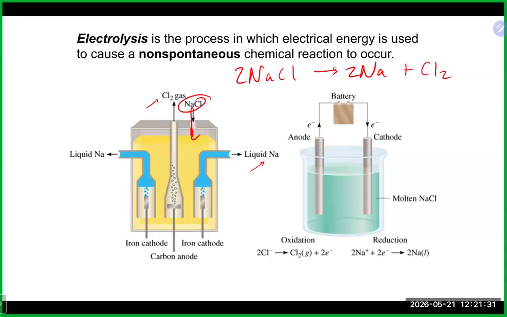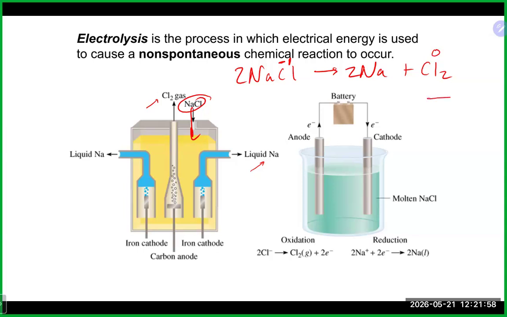Because of that, when we look at what is our anode and our cathode in an electrolysis cell, it is different than you probably would think. What's happening here in oxidation is it is actually the chlorine going through oxidation. The chlorine on the left-hand side, which is what we're starting with, has an oxidation state of -1, and it's ending at 0.